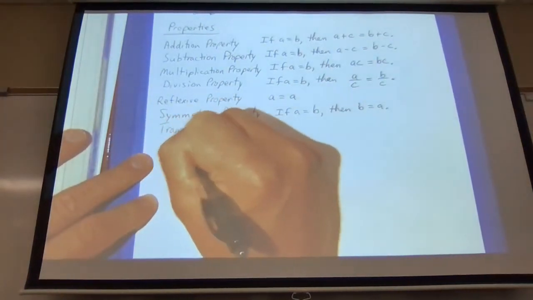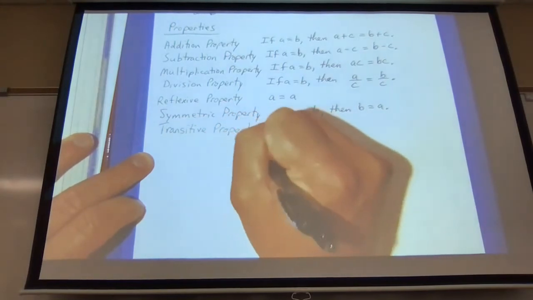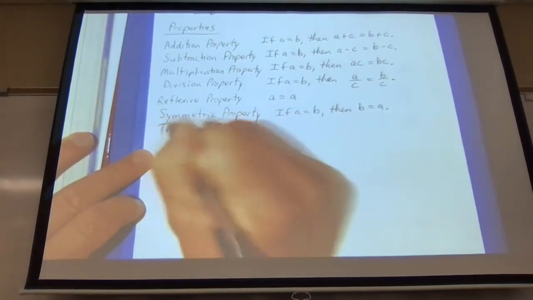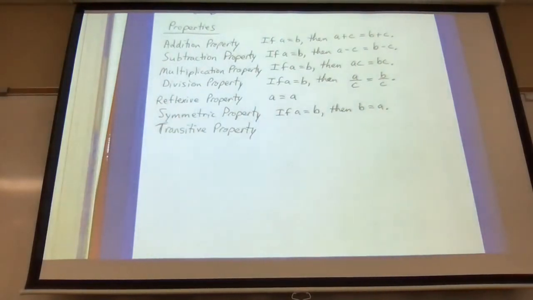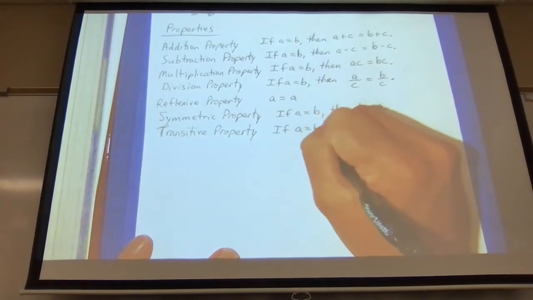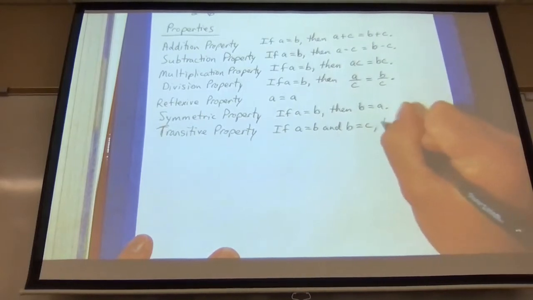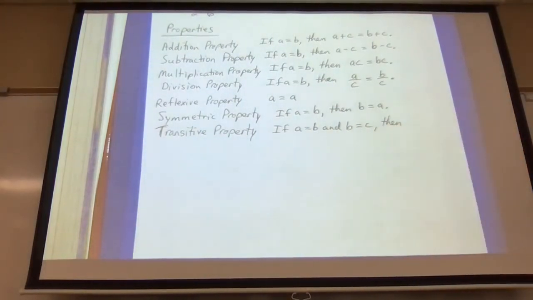Next one is the transitive property. My guess is you guys can finish this one off if I start it for you. It says if A equals B and B equals C, then something's going to happen.